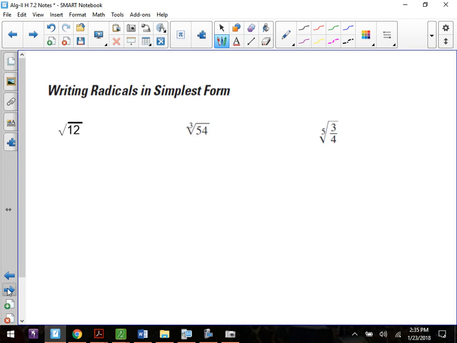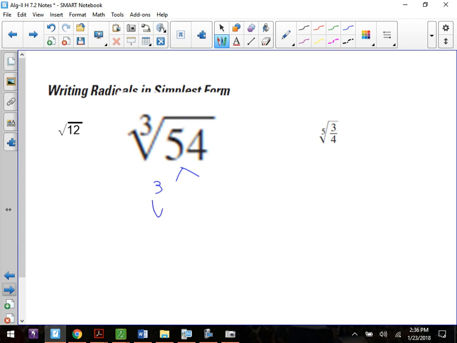Which then gets you to be able to do, we just did 12, but you want to do the cube root of 54. If I use the calculator, the same principle here, if I want to simplify the cube root of 54, when you type that in, you'll see that 54 winds up being 27.